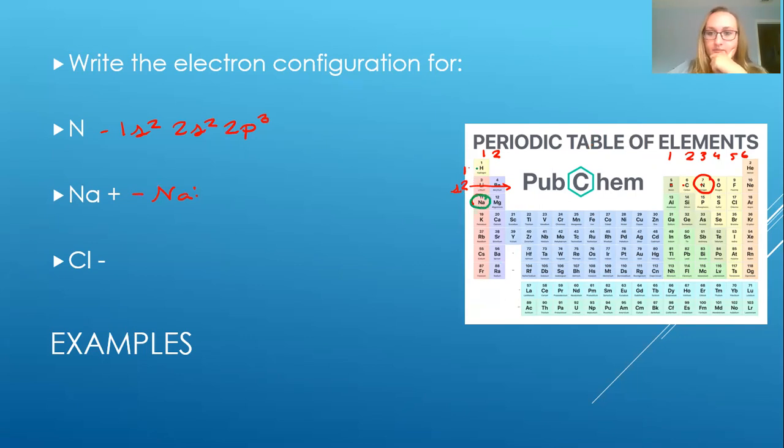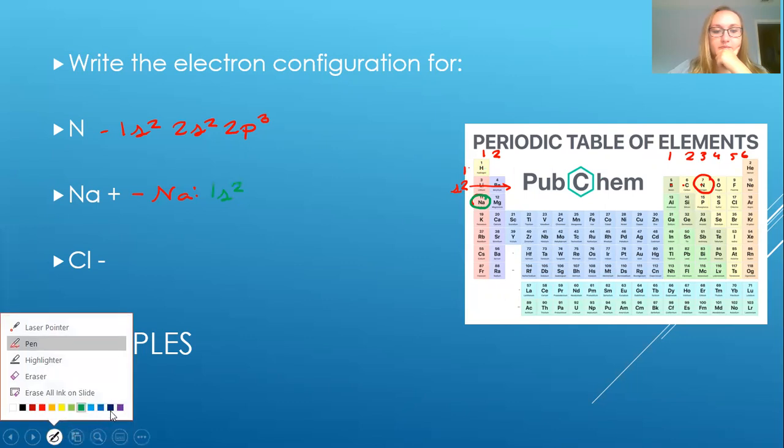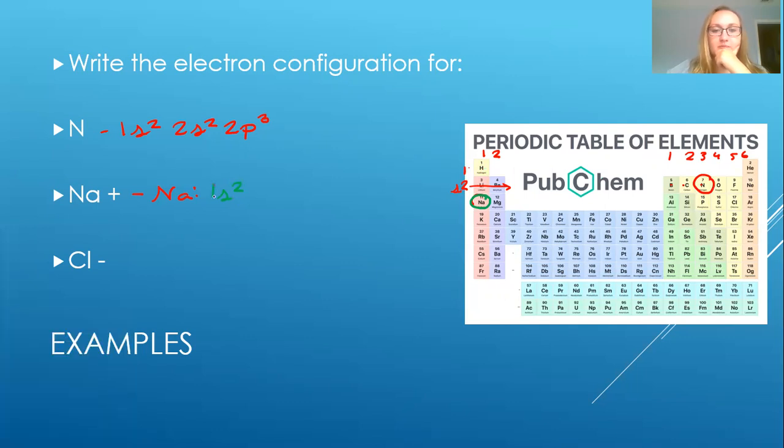I start at the top. 1s2. Green was not a good decision. Purple will be better. 2s2. 2p, 1, 2, 3, 4, 5, 6.